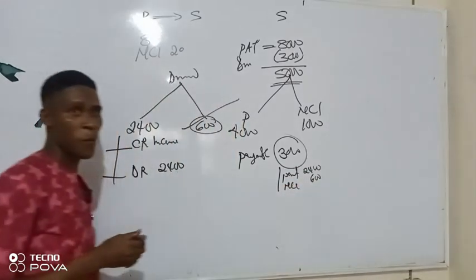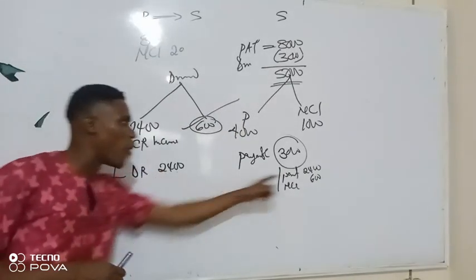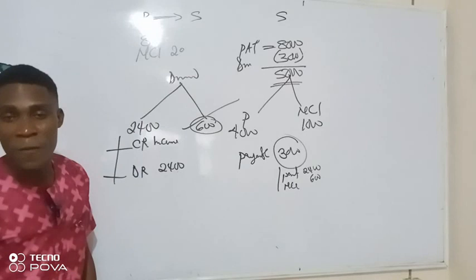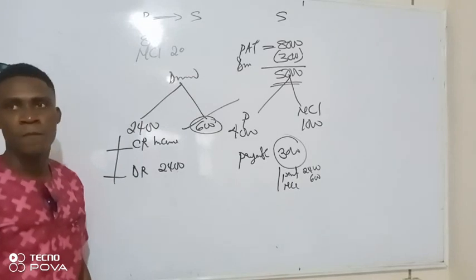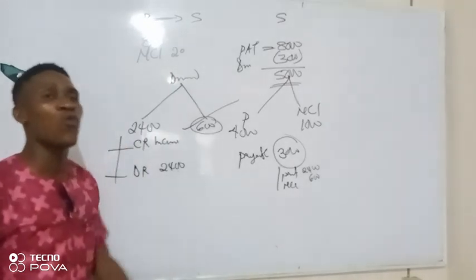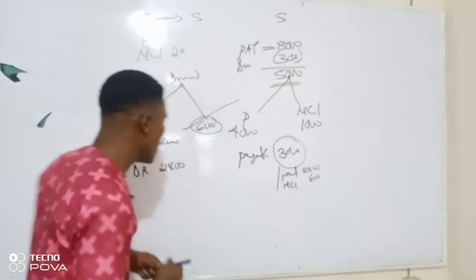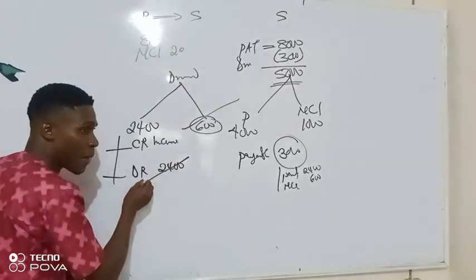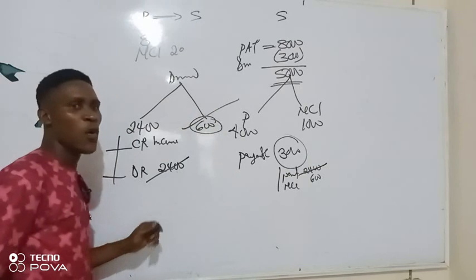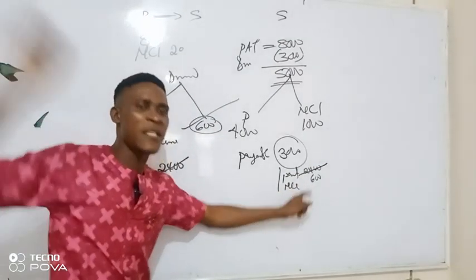This 2,400 is intergroup debt. And the accounting principle says that any intergroup loan or debt must cancel out each other. So automatically, this in the books of the parent must disappear, and this in the books of the subsidiary must also disappear. We will now be left with 600 naira that will belong to NCI.